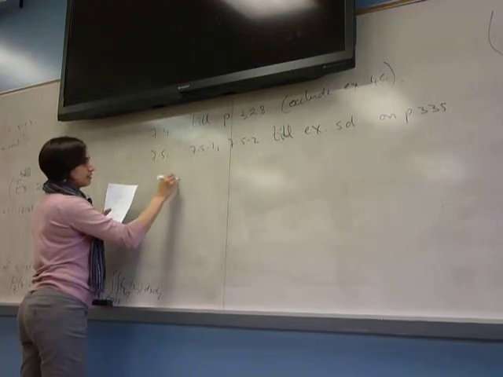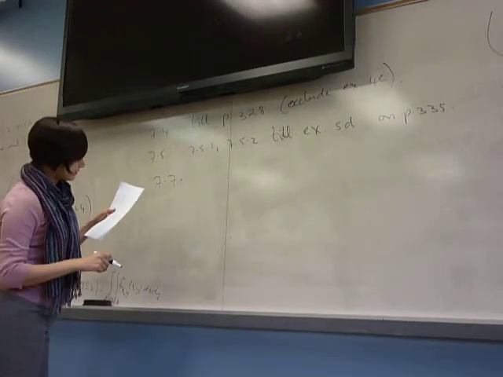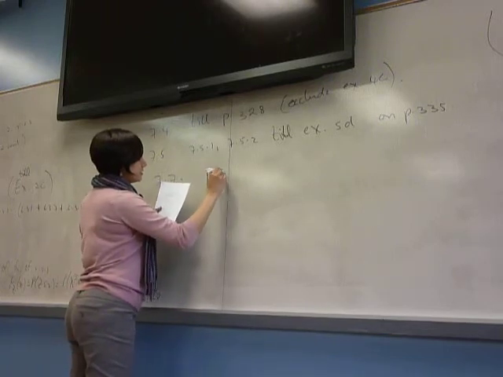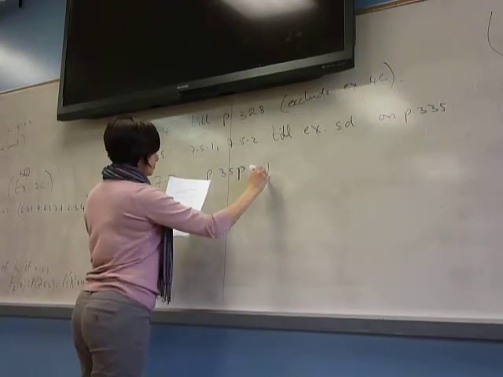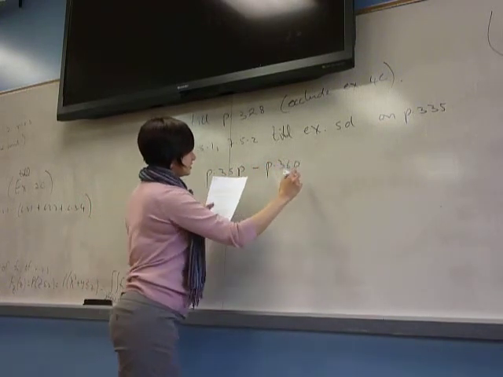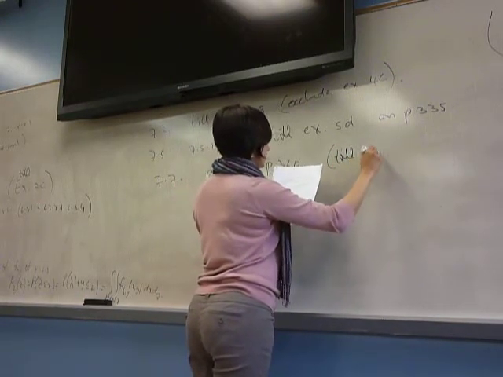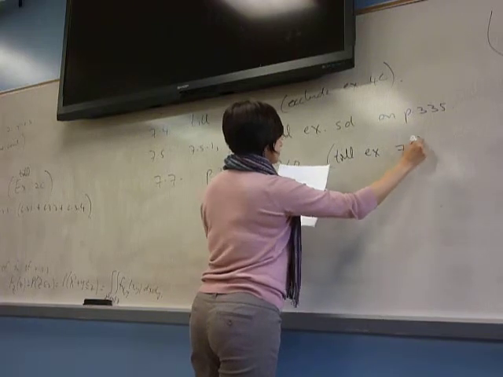And then 7.7, page 354 to page 360, to example 7H.